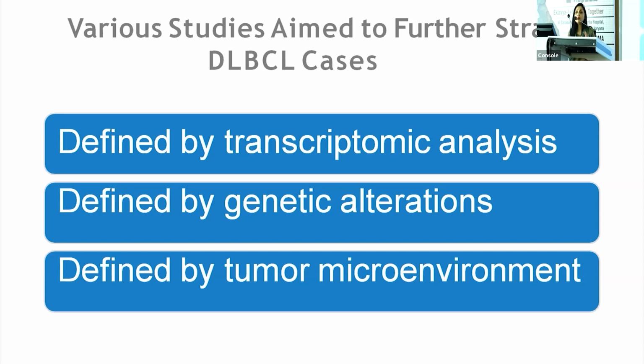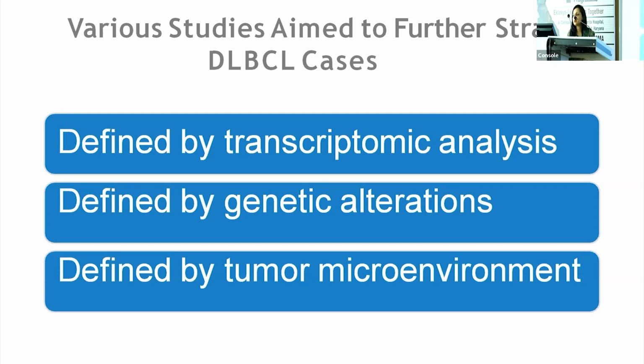Since you can't do a transcriptomic analysis for all your DLBCL, you use a surrogate, and that surrogate is your IHC, which is used by the pathologist. Similarly for your ER and PR also, it's a surrogate for that transcriptomic analysis. So there are various ways of classifying diffuse large B-cell lymphoma.